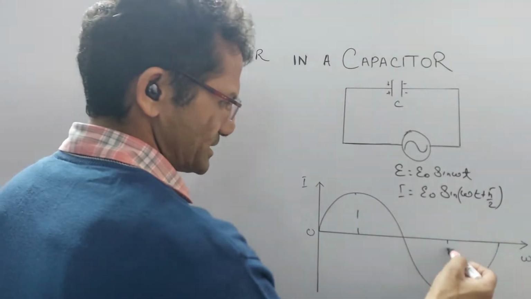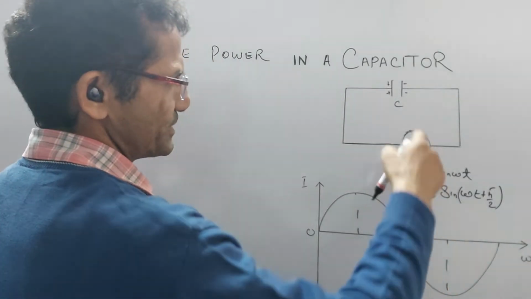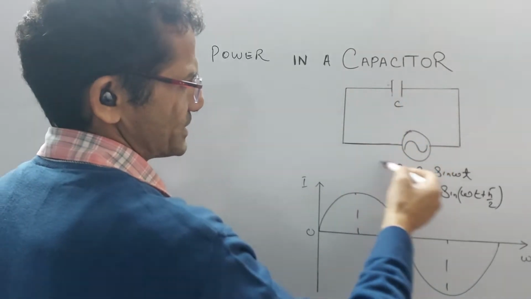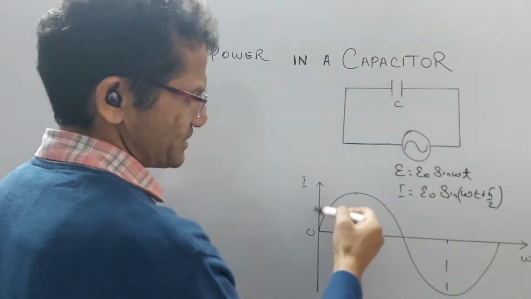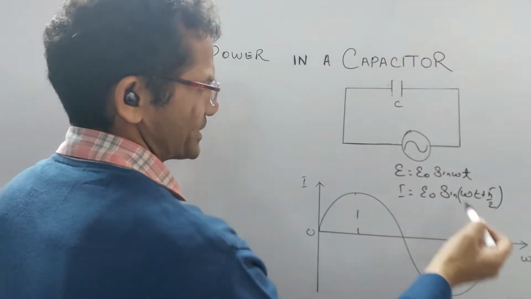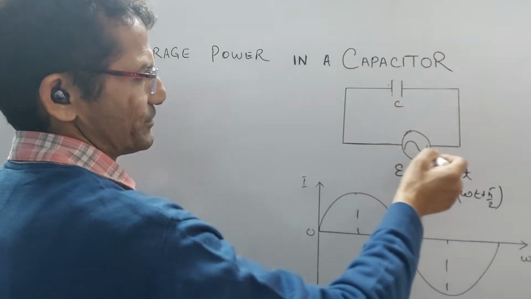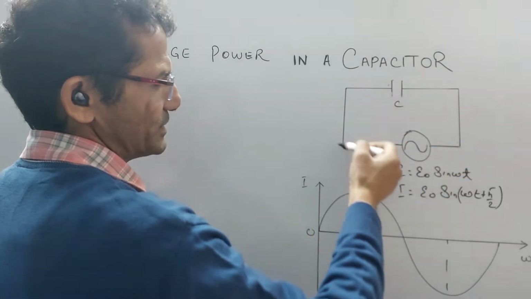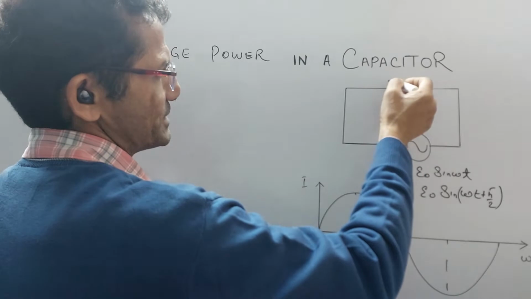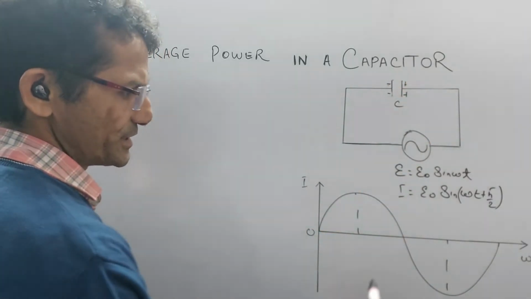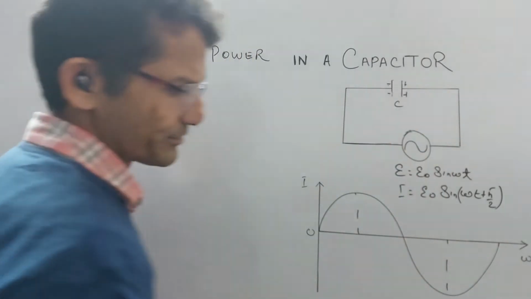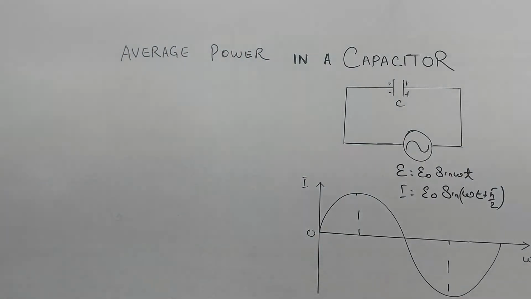Again in the third quarter, the capacitor plate charges in the opposite direction. In the first half cycle, the current is in this direction, and in the second half the current will be in the anti-clockwise direction. Our right-hand plate becomes positive and the left-hand plate becomes negative, so the capacitor is charged again.